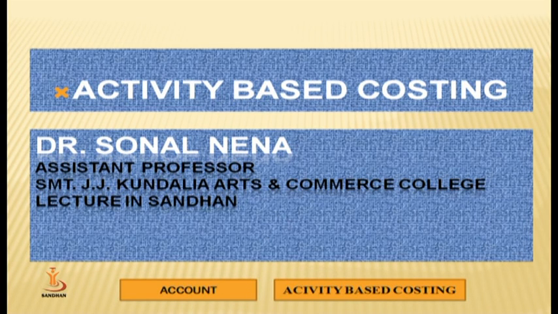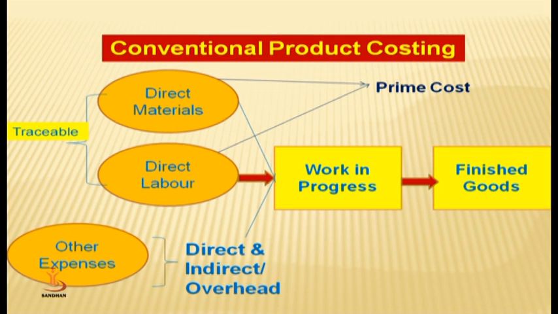the cost components, which are very important to learn before going further for activity-based costing. What actually is the product cost? Before directly going to activity-based costing, we must have a clear idea of how the cost of a product is ascertained.